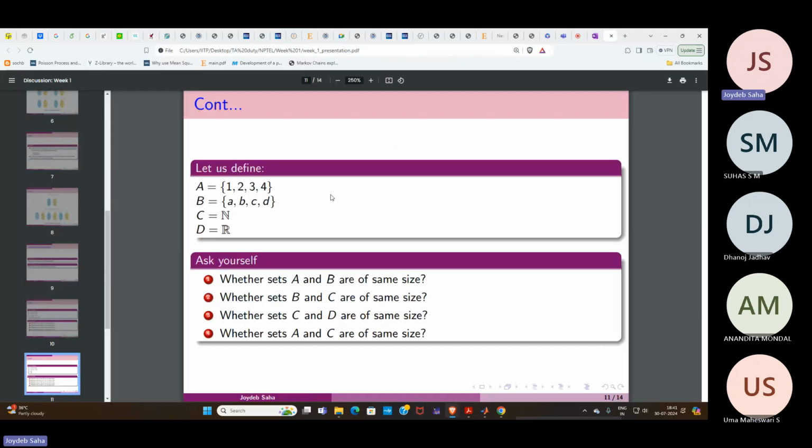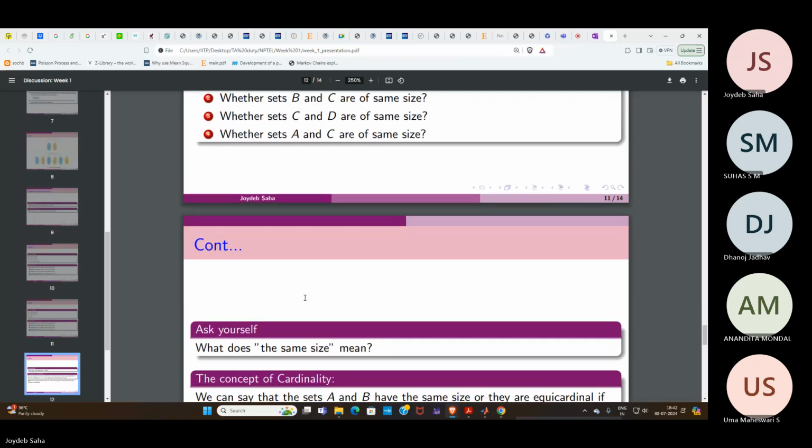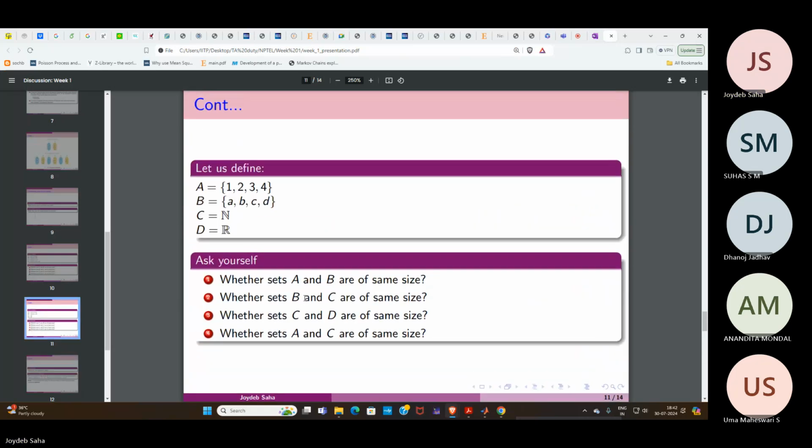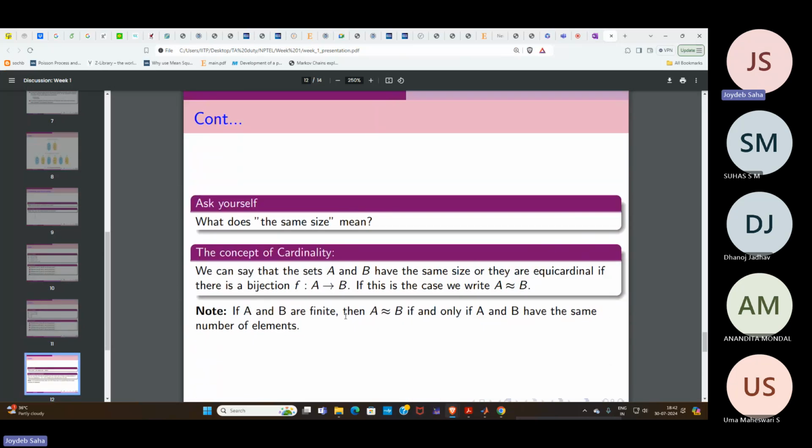Okay, fine. This question will be answered soon, because we cannot directly say whether set C and set D are of same size or not. So now come to the question of cardinality and countability. What does the same size mean?